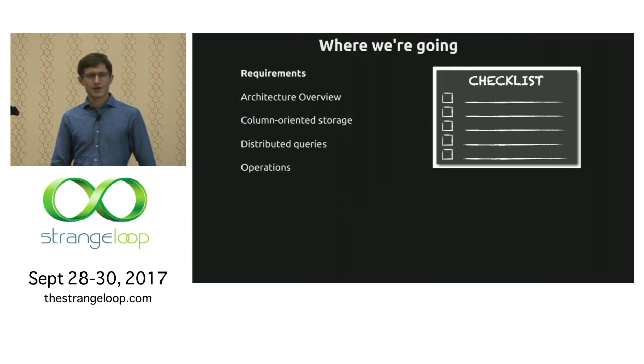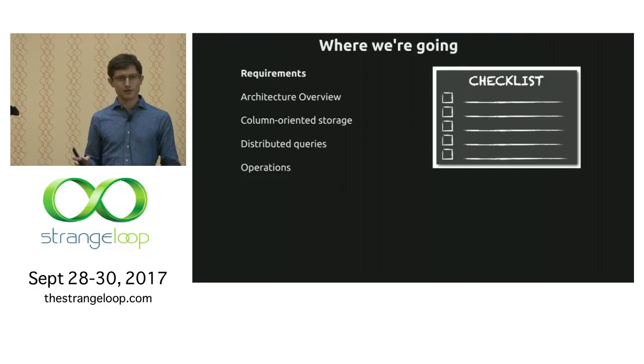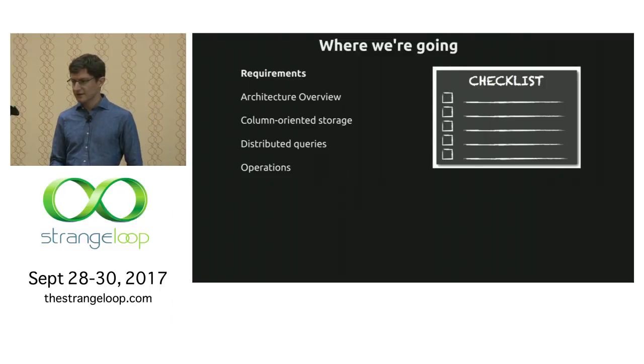So for the rest of this talk, I'd like to describe to you what it was like building Retriever and some of the decisions that we made. I'll start with a pretty high-level overview of what it looks like and how it works. I'll dive deeper into how we store the data on disk and how we read it back, and especially some of the details of how we read it back really fast when it's spread across multiple machines.